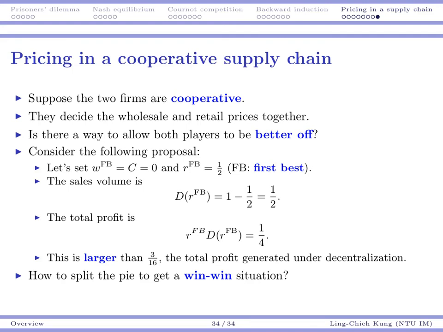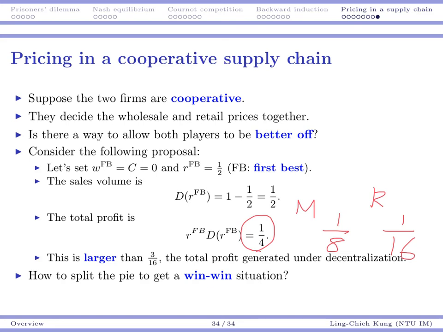That's the result. Now, let's discuss how we may split the pie to get a win-win situation. If we have 1/4 altogether, but previously the manufacturer could earn 1/8 and the retailer could earn 1/16, then the very easy way to split this 1/4 is to first give 1/8 to the manufacturer, and then give 1/16 to the retailer, and then I still have 1/16 remaining.